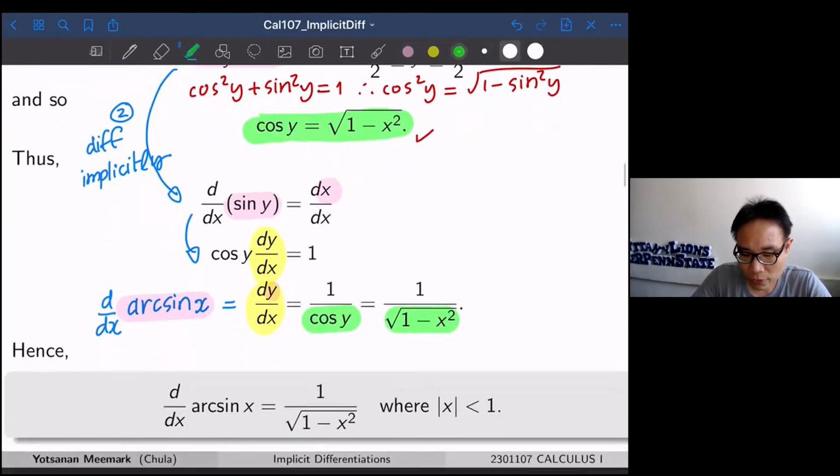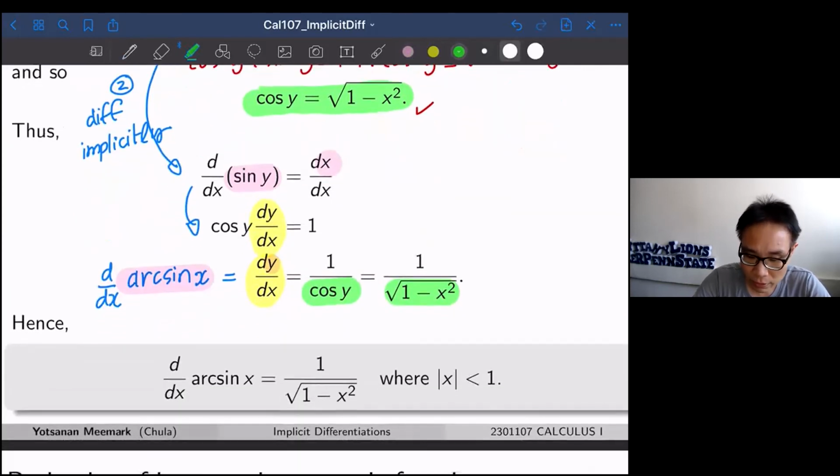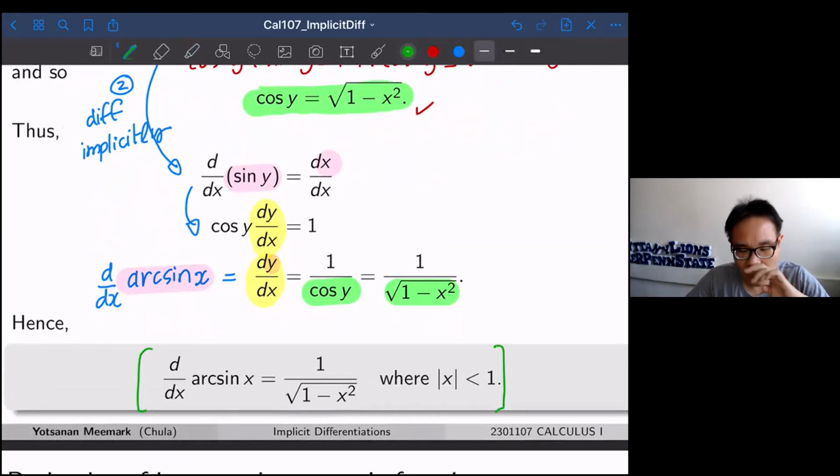So you have the formula for the derivative of arcsin. You differentiate arcsin, you get 1 over square root of 1 minus x squared.